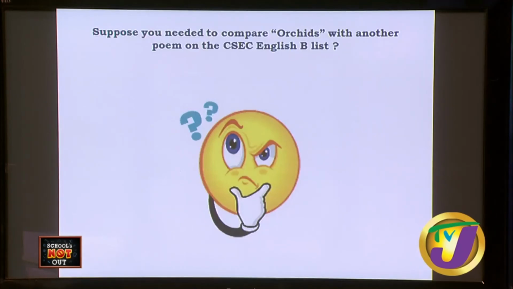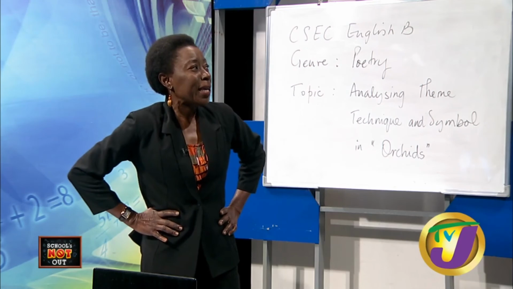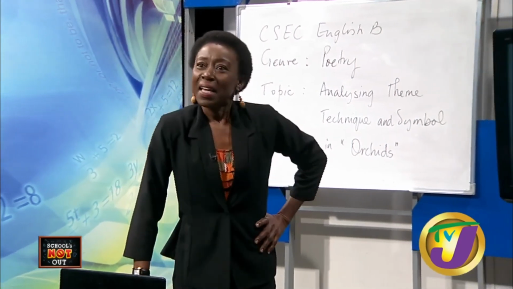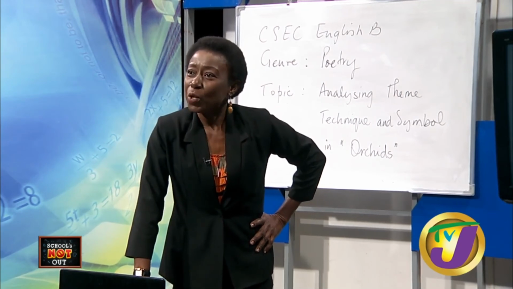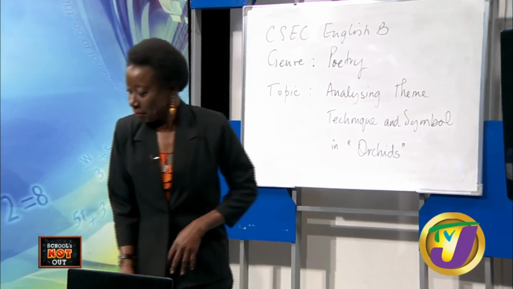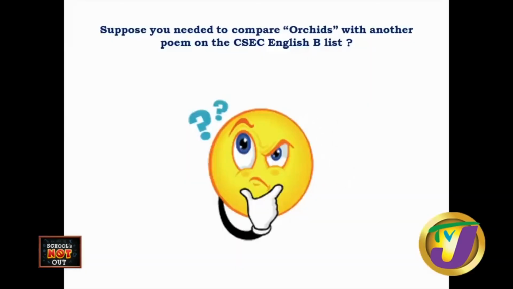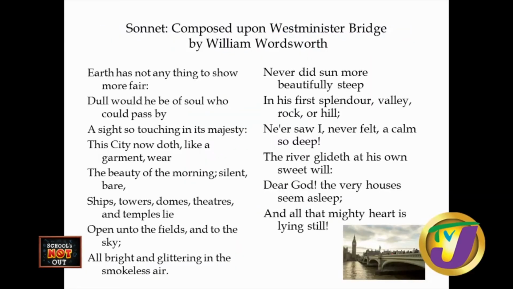Now suppose you needed to compare orchids with another poem on the CSEC English B list. What would you do? Let us see. Let us look at Wordsworth's sonnet, composed upon Westminster Bridge.